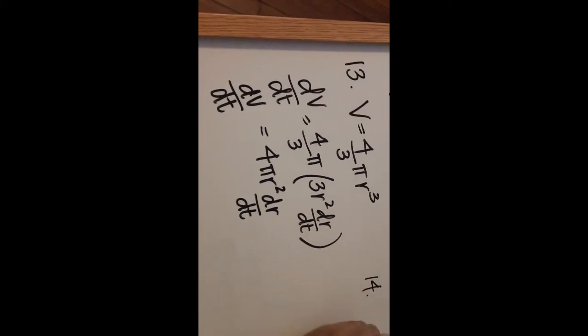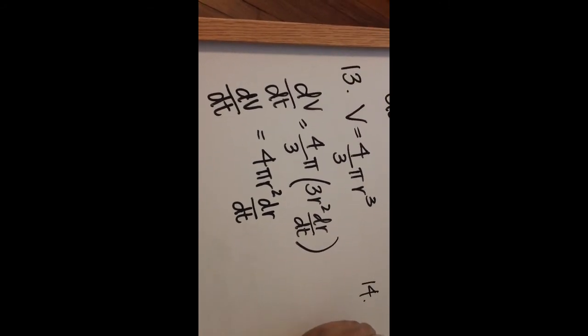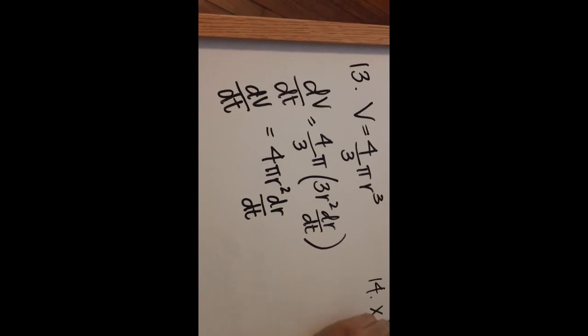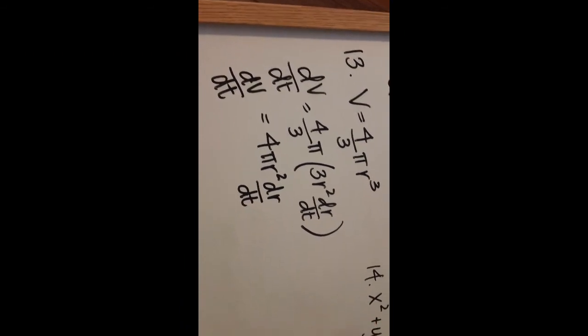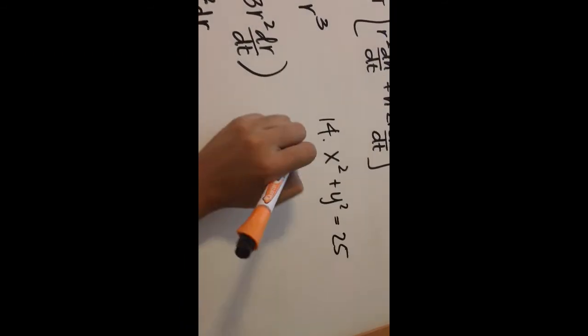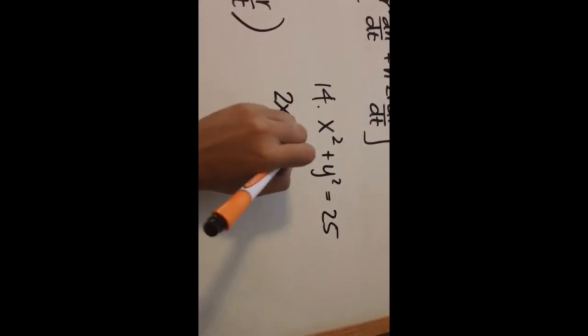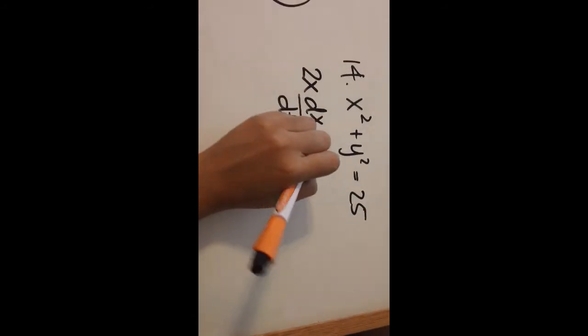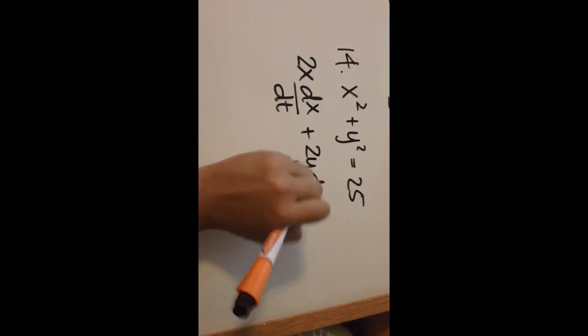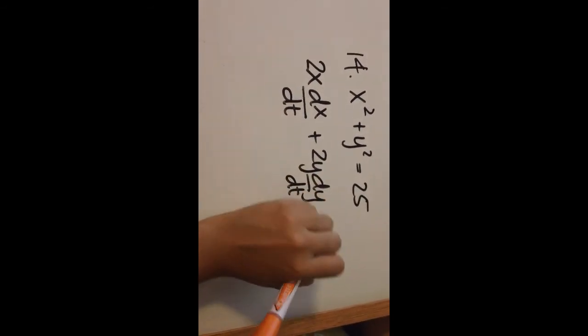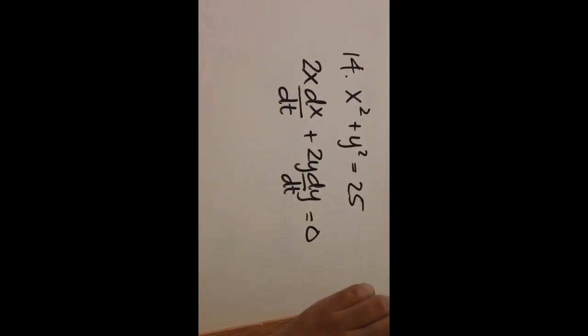And the last one is the side lengths of a triangle. x squared plus y squared is equal to 25. So 2x dx dt plus 2y dy dt, and the derivative of a constant is just 0.